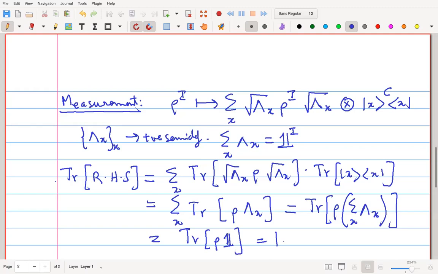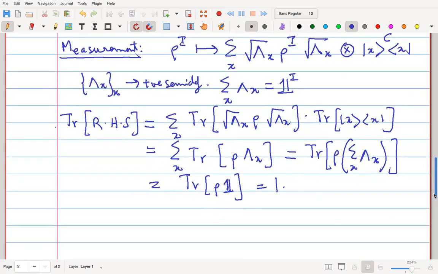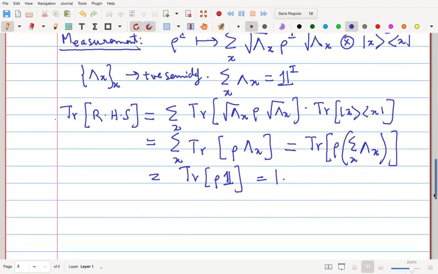So this is... is this clear? So this is indeed a trace 1 object.